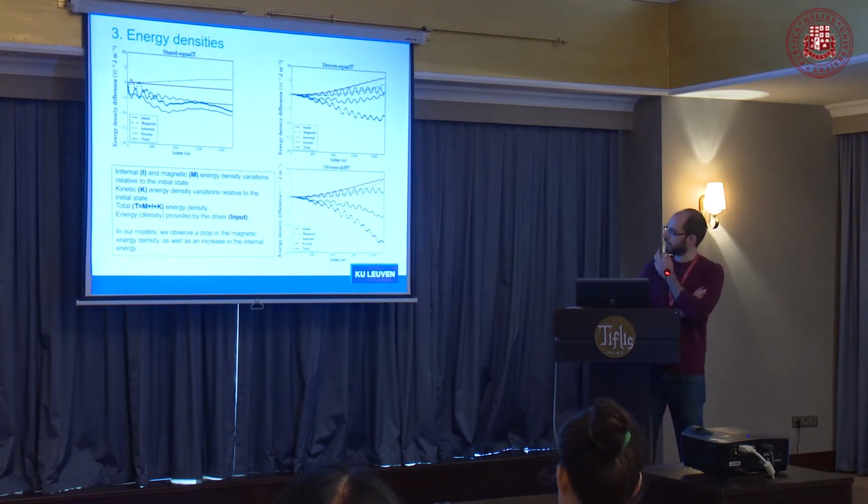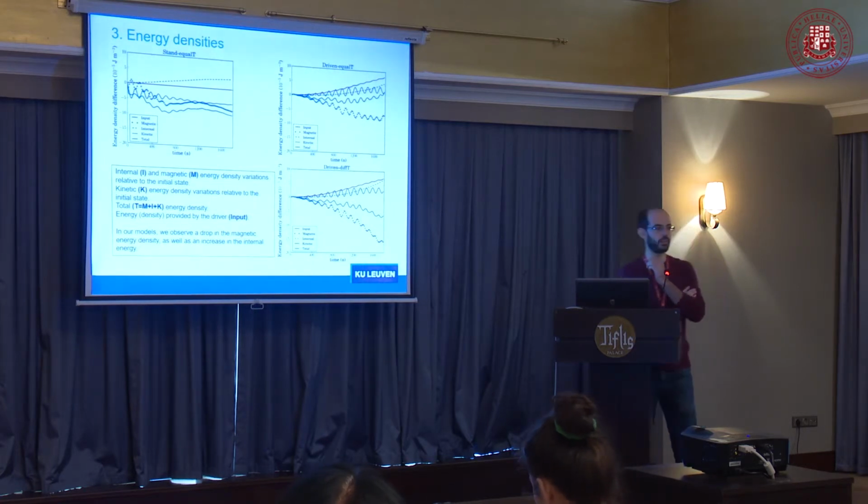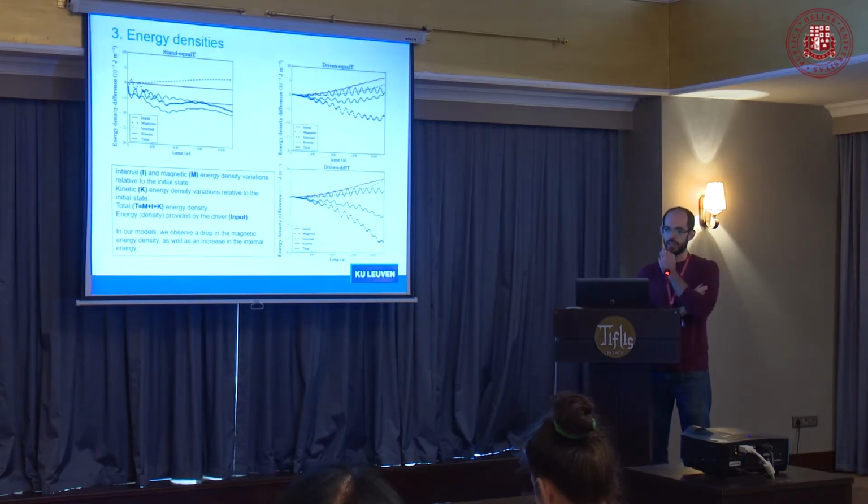Actually, the internal energy seems to reach the same levels as the input energy that we give to our system. And that's a strong indication hinting towards Joule heating. However, this is just a hint. We don't know anything yet.